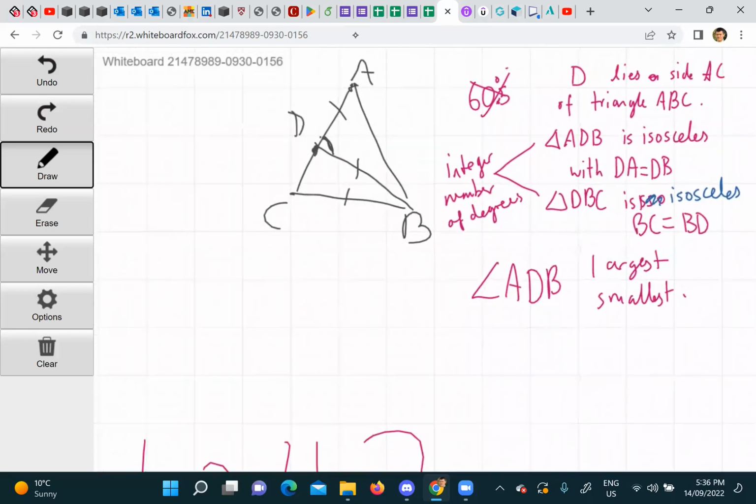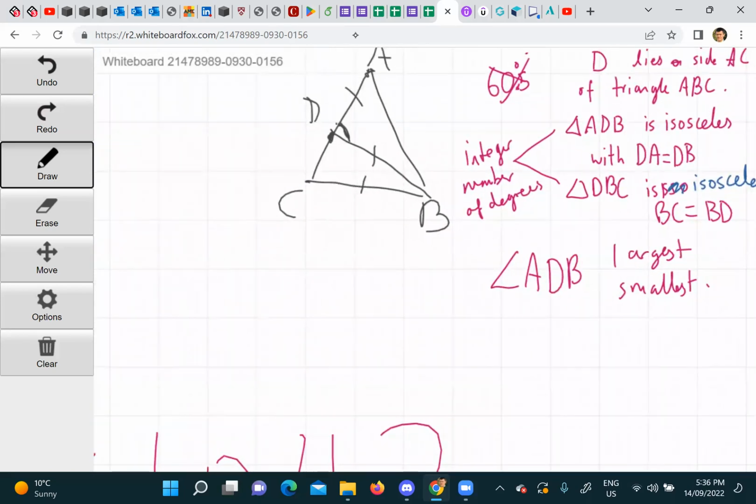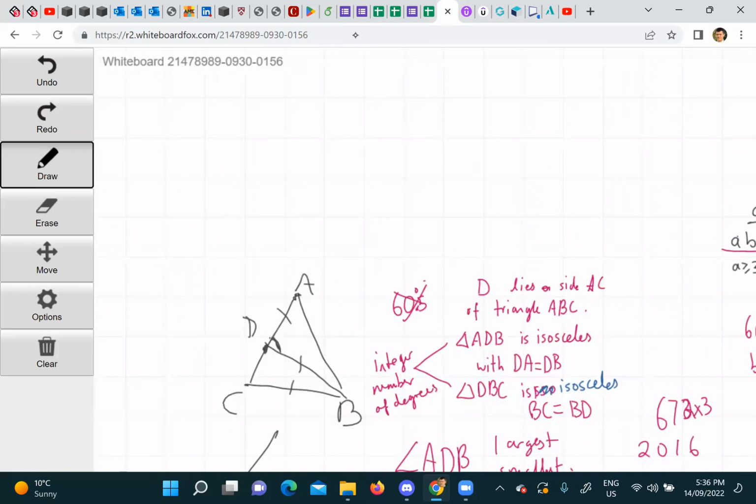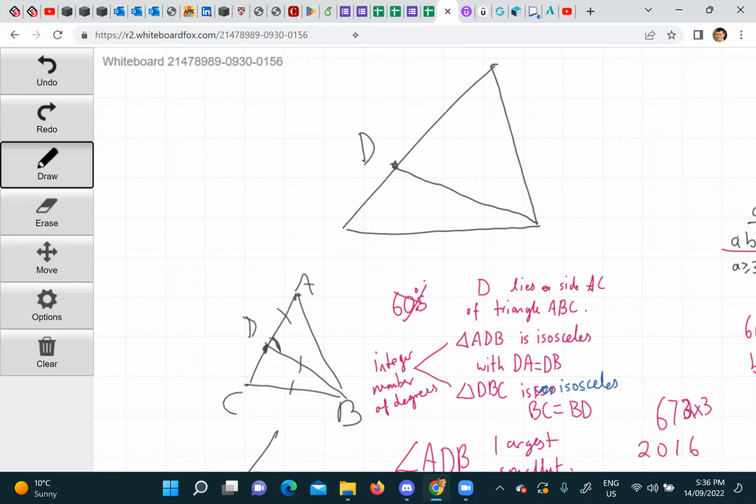Now I know roughly what the diagram should look like. I can draw a diagram again. So I draw a triangle. I need this length to be the same length, so I put D there. And I need this length to be the same length. That's not easy to do, is it?